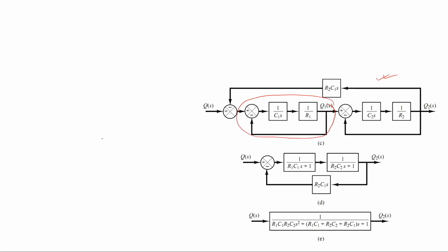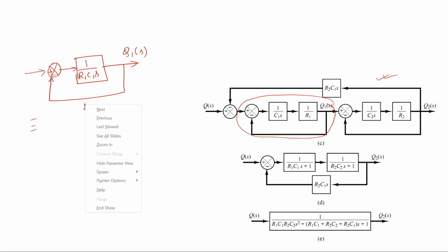So, for this negative feedback system, this is plus minus, this is 1 by R1 C1S, Q1S. So, this can be equivalent to G by 1 plus GH.